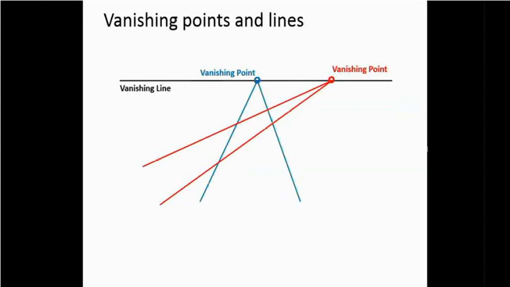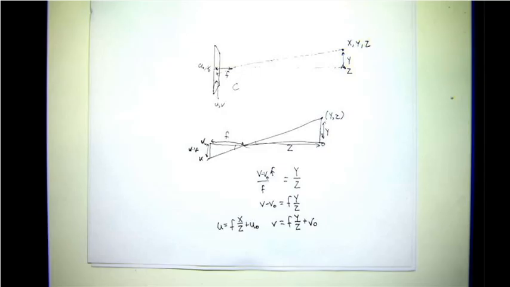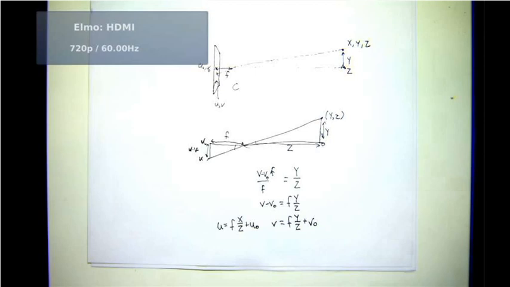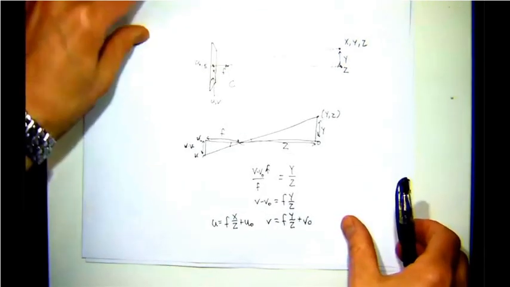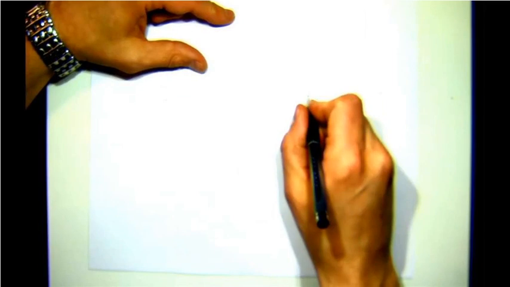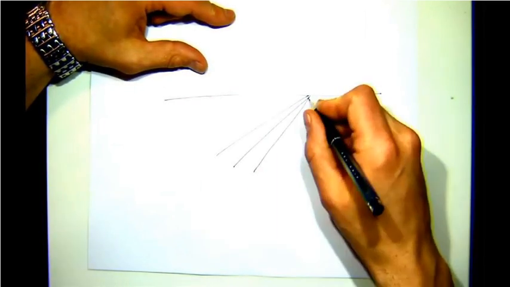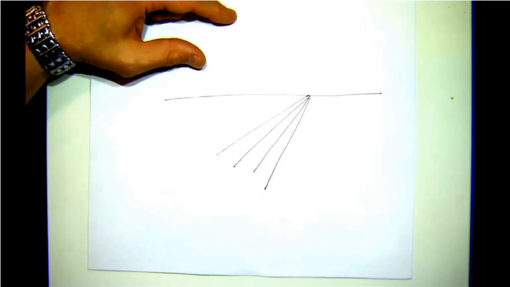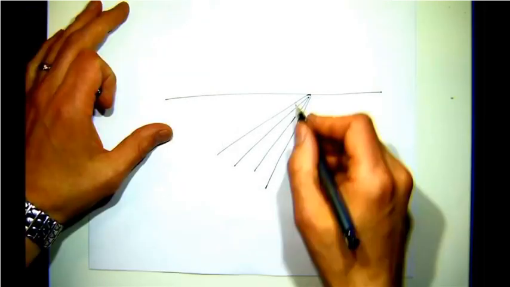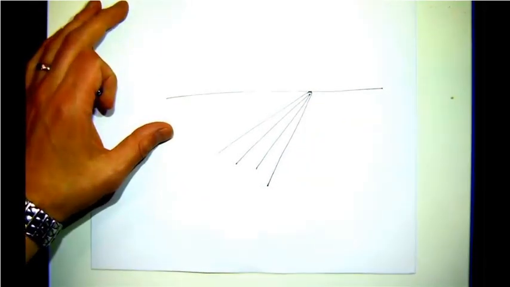Let me just make a couple of points. All right, so if I want to draw a set of parallel lines in 3D, I can pick my vanishing point and then draw lines that intersect at that vanishing point.